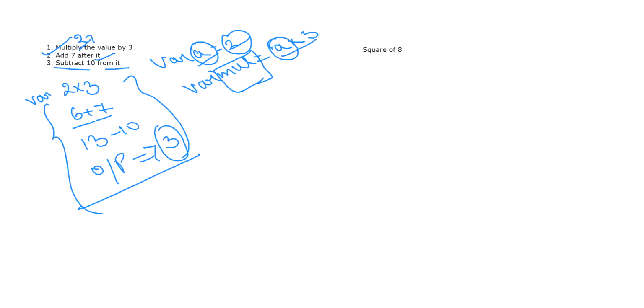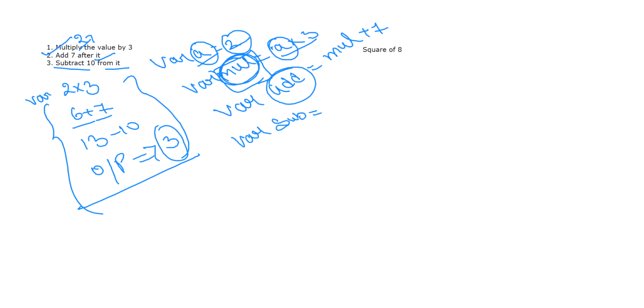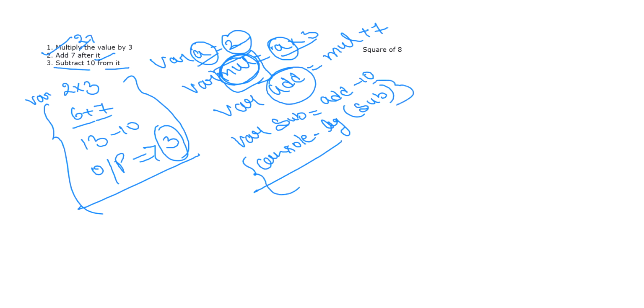Now where multiply equals a into 3, the value is stored in the variable multiply. Then adding 7, the value goes into add. Then subtract equals add minus 10. Now you can print that value with console.log(subtract). This is your final answer, and you get the output 3.